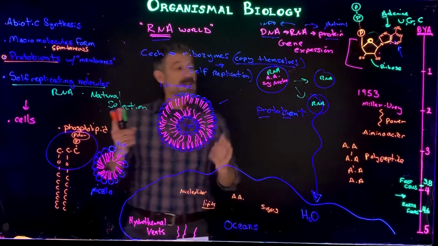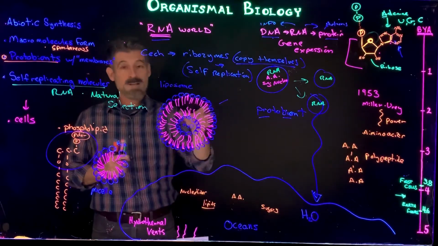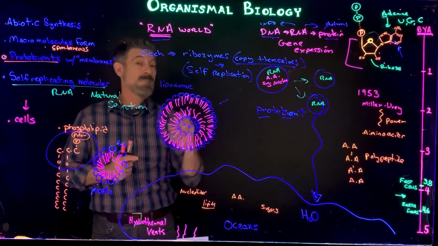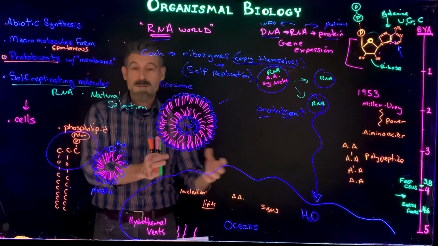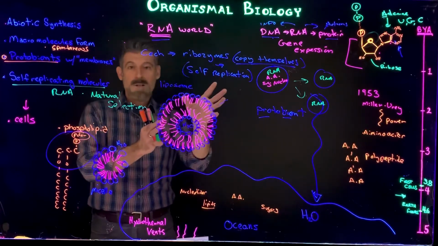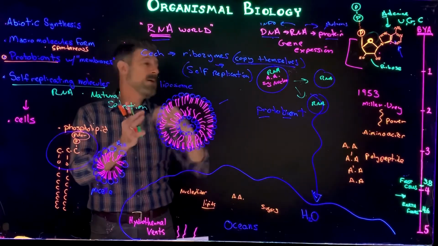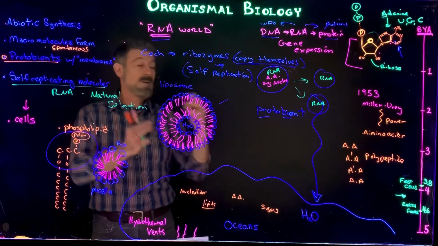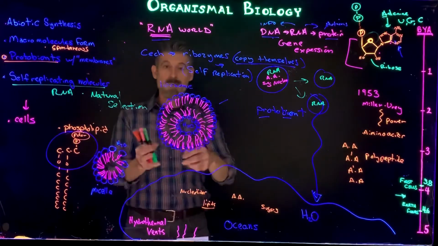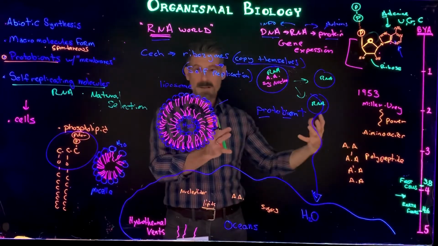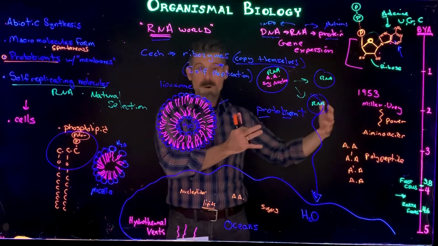So we can actually again see some of these things in a lab. We can see that some RNA over time can be selected for, that the RNA in a tube can have different versions that do a little bit of ribozyme activity and can cut DNA or copy pieces of RNA or carry out different types of jobs, and if they're selected for, and you take some of those and put them into another generation, let them replicate themselves, there'll be more of them that do a better job.